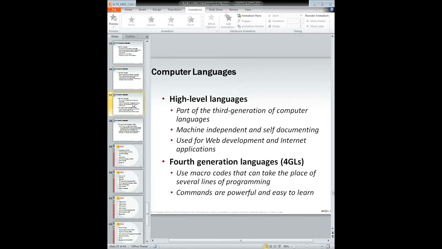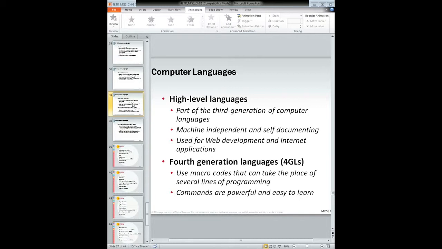Third generation computer languages are machine independent, and they are called high-level languages, such as C++, Java, VB.NET. These are typical high-level languages that are still being used in the industry.